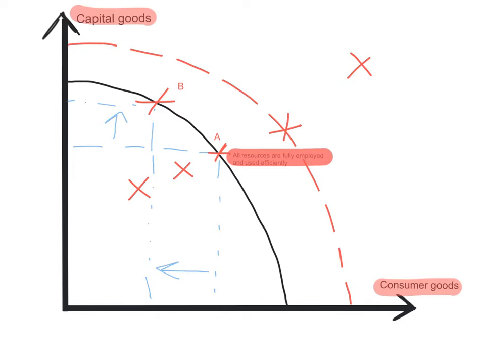So this illustrates the concepts of choice and opportunity cost. If you are moving from one point on the curve to another, there is an opportunity cost, because if you are on the curve, all the resources are fully employed and used efficiently. So moving from point A to point B means increasing the production of capital goods, and the opportunity cost is the amount of consumer goods that you sacrifice or give up.